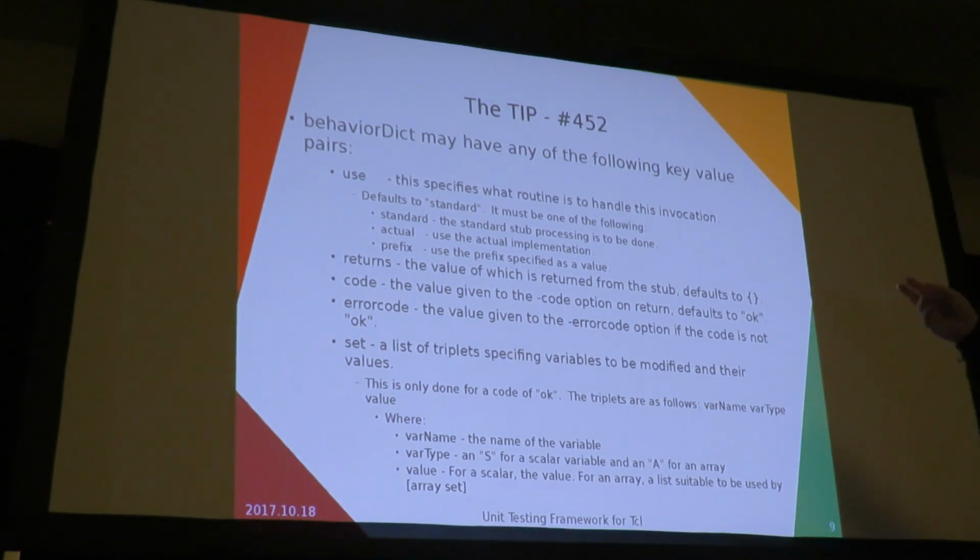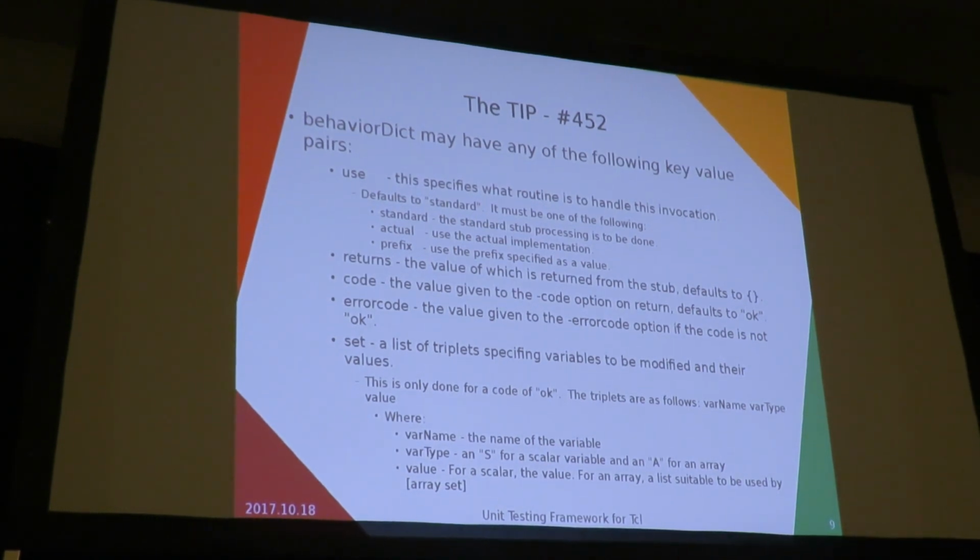There's a couple of things. You can say use standard, which is the default. For this invocation, you can use actual, which actually calls the stubbed out routine for you. And it does it in the correct context, so it does the correct up-leveling of the call to make it right.